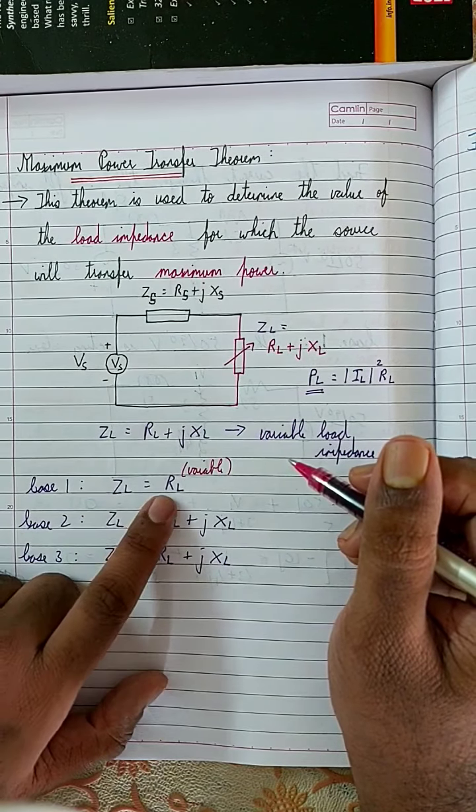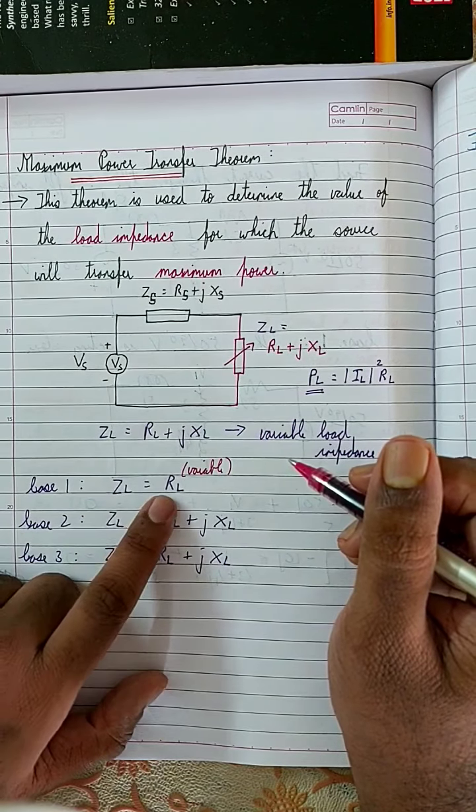When I say variable reactance, it can either be a variable capacitor or a variable inductor. And the third case is when the load impedance is having a variable resistor, but the reactance cannot be changed. The reactance is fixed. These are the three cases, and depending on these three cases, the maximum power transfer theorem will change.